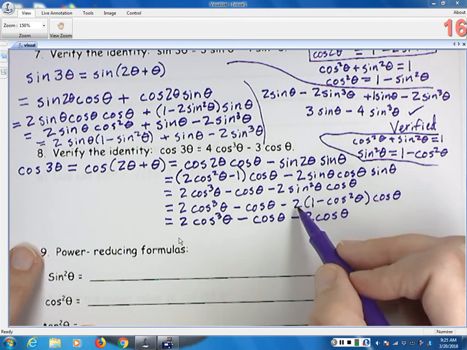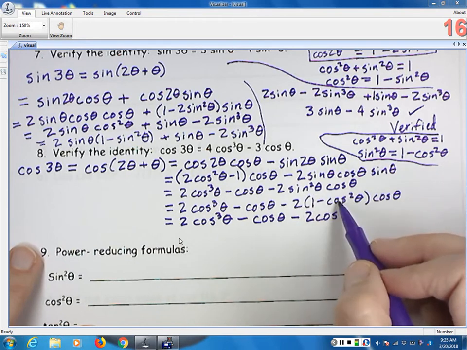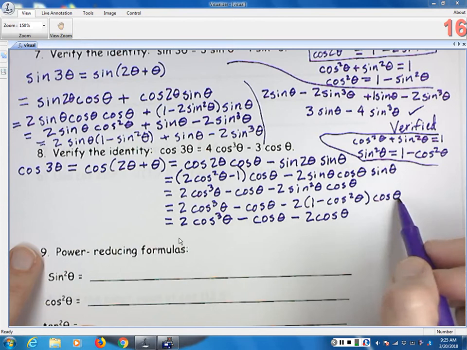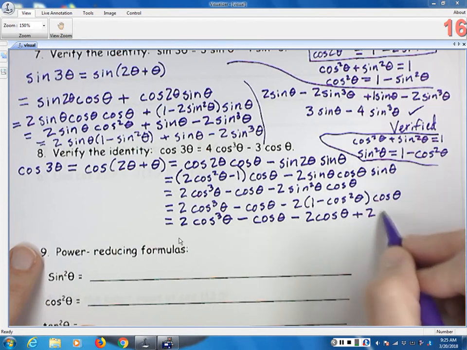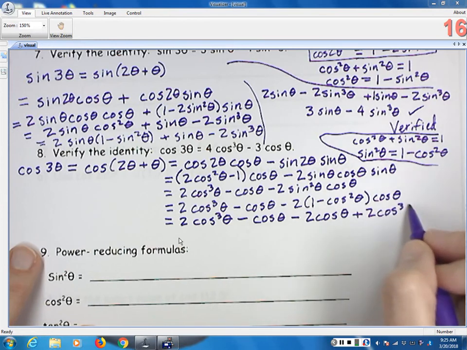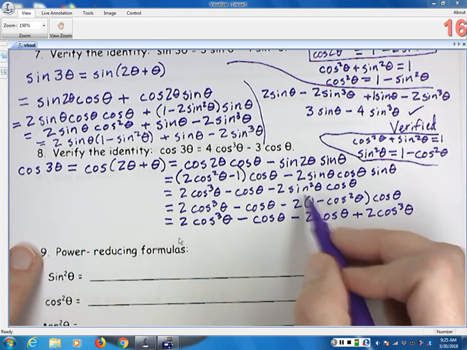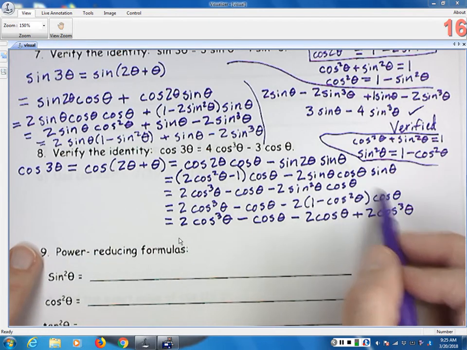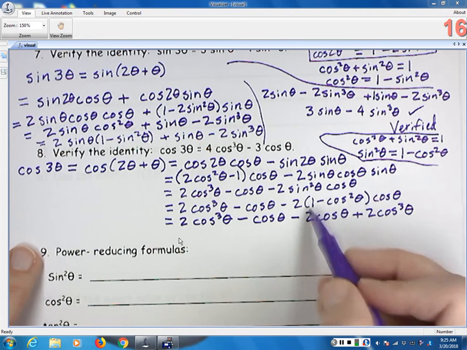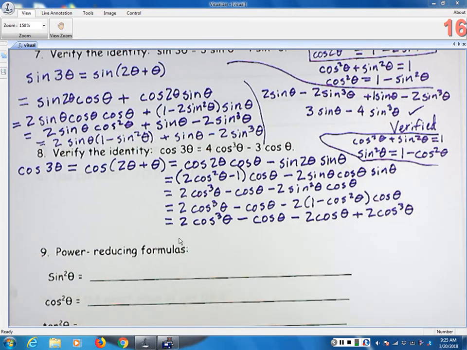And then distribute the minus 2, you get positive 2 cosine squared theta and multiply by cosine. You had to distribute the minus 2 and then also multiply by cosine. In my filled-in notes, I wrote this first, that would be better. You guys follow that step?